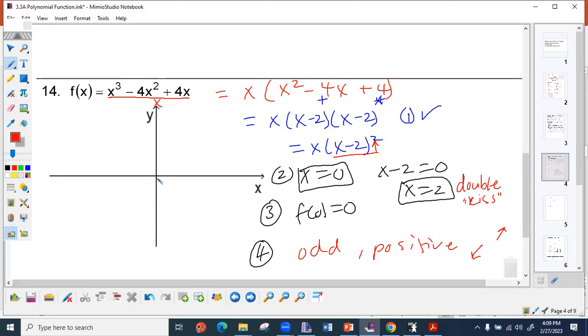All right, let's draw Bob. So we have x equals 0, x equals 2, and I'm going to start from the left, cross. I'm going to come to the 2, and I have to do what at the 2? Kiss and go up. I do not cross it because it is a double multiplicity, not a cross. It's a kiss. Yep. Beautiful.